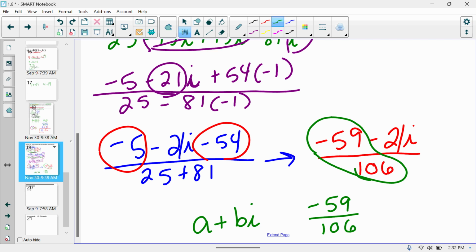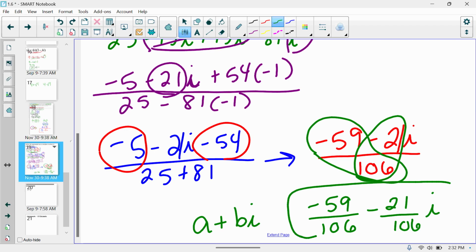Okay, same thing, negative 21 divided by 106. Divide it in your calculator, math frac it. It's going to go right back to negative 21 over 106. But that part's with the i. That's the imaginary part. Okay, so that one will be your final answer for that one. Questions on that at all?